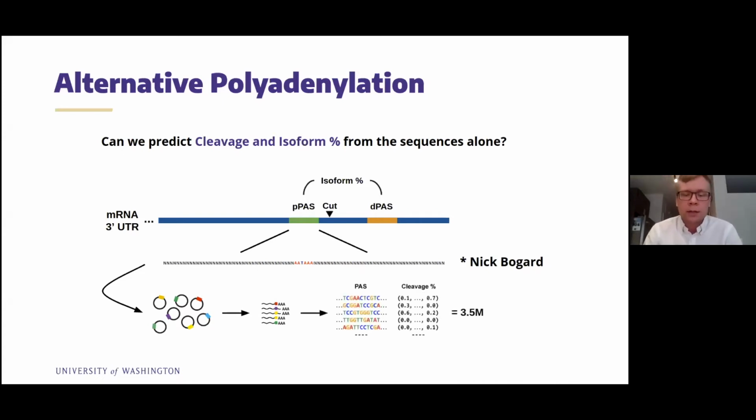And this resulted in a remarkably large and diverse data set with 3.5 million randomized polyA signals with associated measured cleavage distributions at base pair resolution.